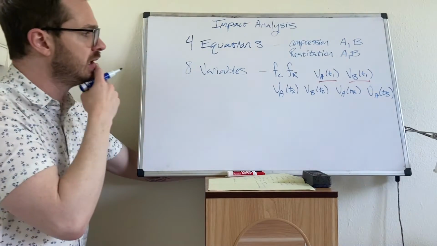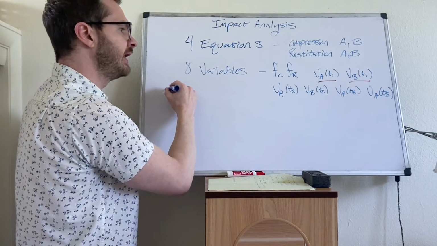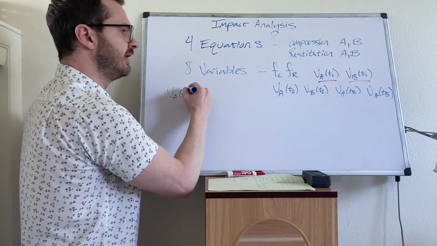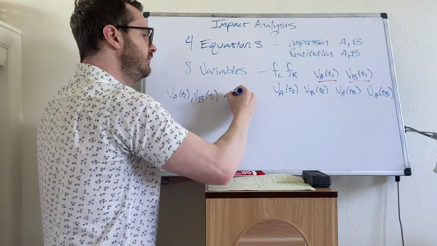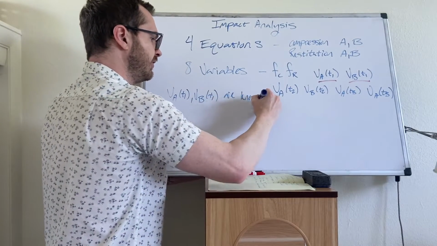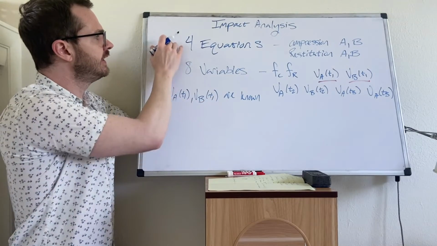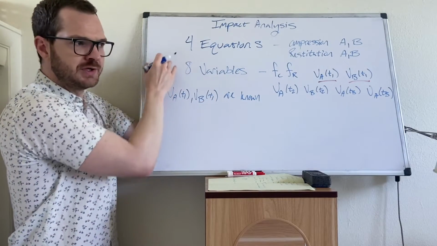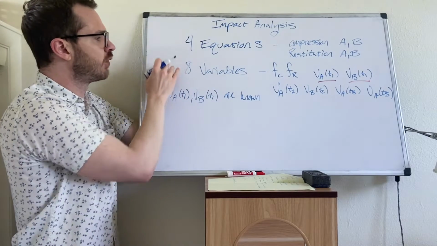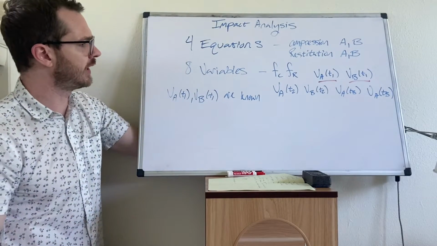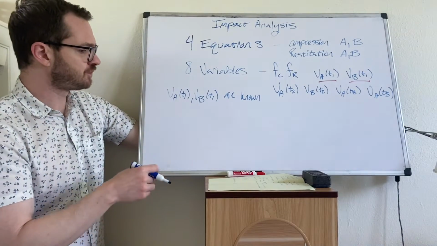I'm actually going to write in VA at T1 and VB at T1. These are known. So if we have these, that's like saying you have 6 equations and 8 variables, or we could subtract those 2 away and say 4 equations, 6 variables. Okay, so we need 2 more bits of information.